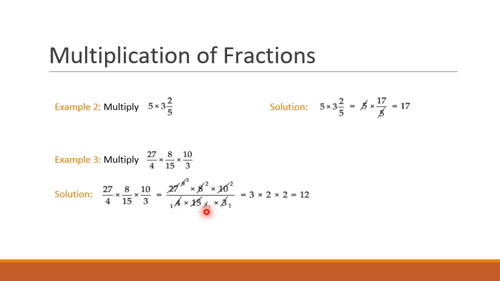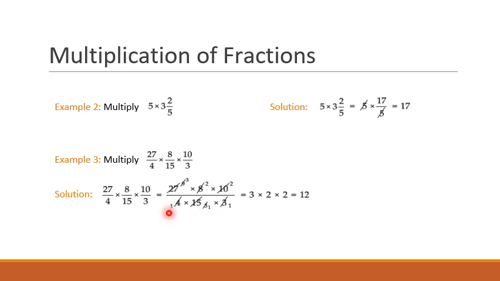This 5 can further be cancelled with this 10, because 10 and 5 have a common factor 5. So I have cancelled it here again. 10 divided by 5 equals 2 and 5 divided by 5 is 1.